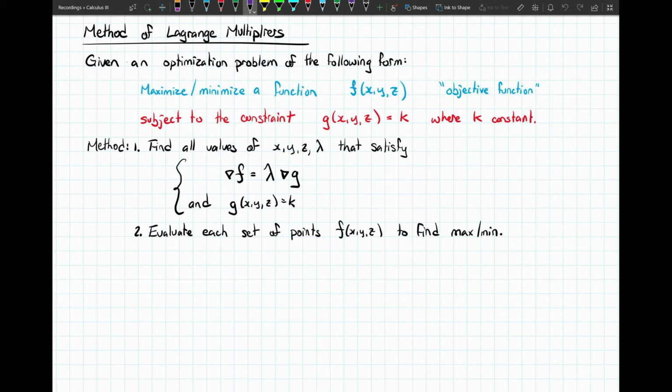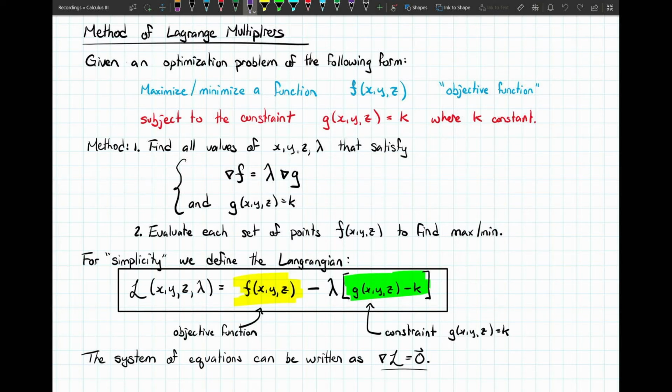Now, for simplicity, we can actually turn the whole system of equations here into a single equation that we might find easier to remember. We can define a function that we call the Lagrangian. Now, if our functions f and g are functions of 3 variables, x, y, z, the Lagrangian is a function of 4 variables, x, y, z, and lambda. And the whole system of equations can actually be summed up as the gradient of the Lagrangian function must equal the 0 vector.